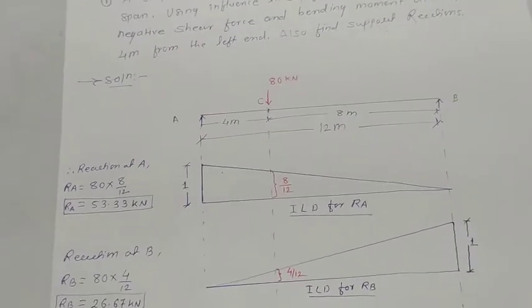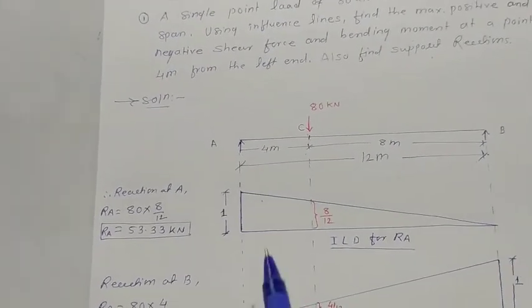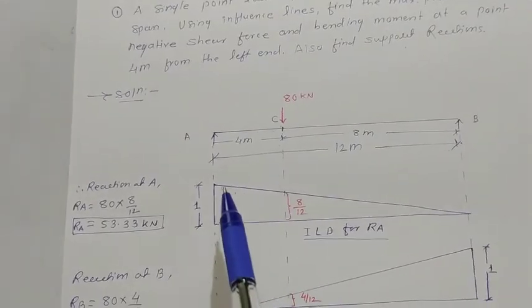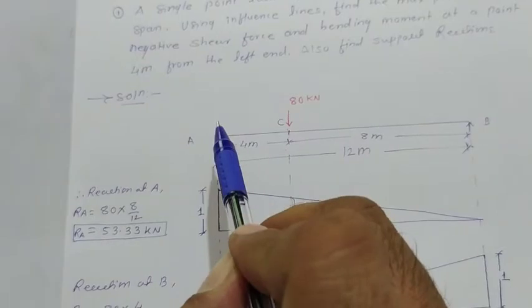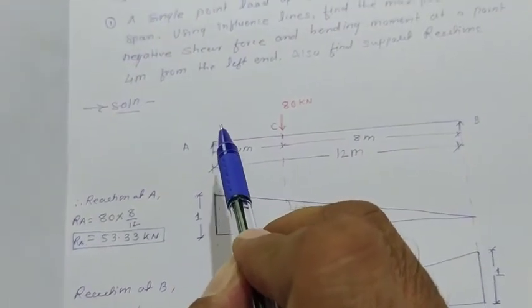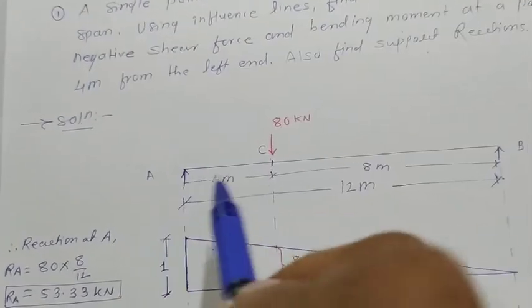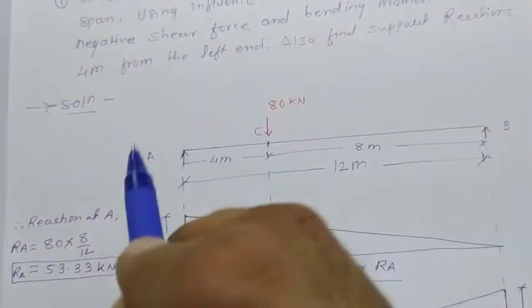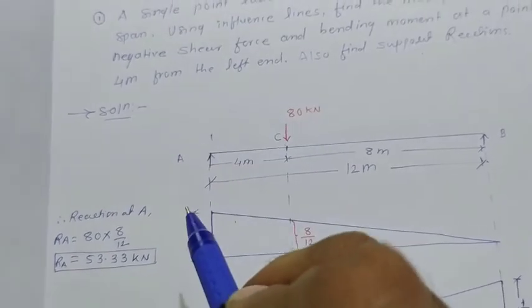First we have to find out the reaction at point A. For finding the reactions, remove all the loading and just apply a unit load at point A. Automatically the reaction at B becomes 0.